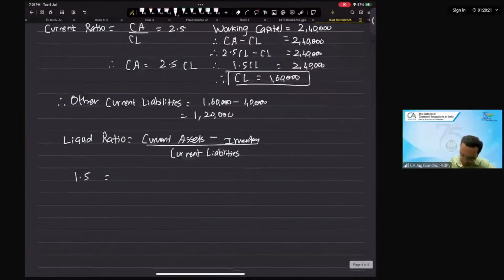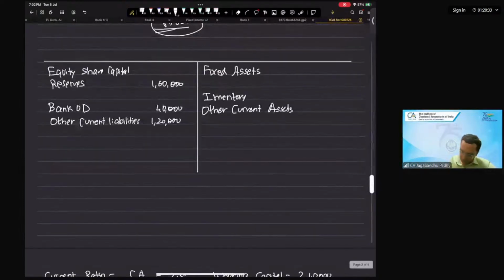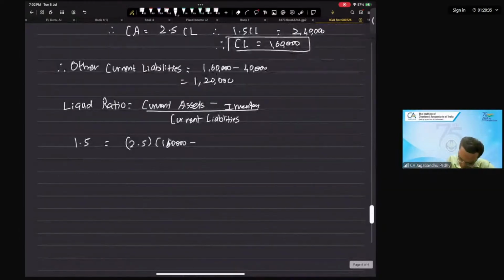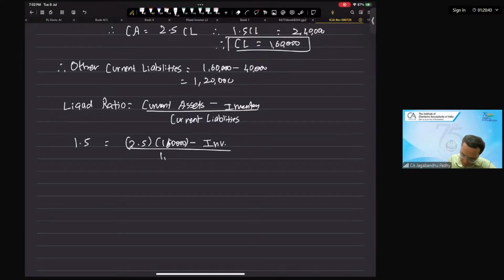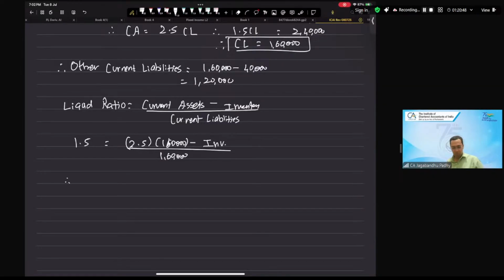Current assets is anyways 2.5 times of current liability, which is 1,60,000 minus inventory. Inventory is something which we don't know. 2.5 into 1,60,000 minus inventory is what we have to compute upon current liability of 1,60,000.